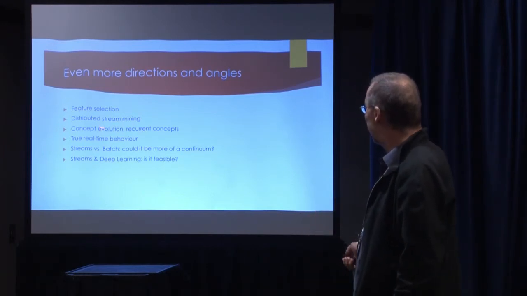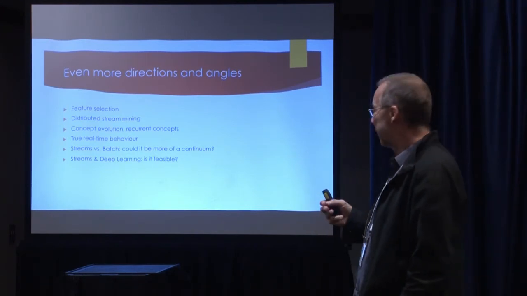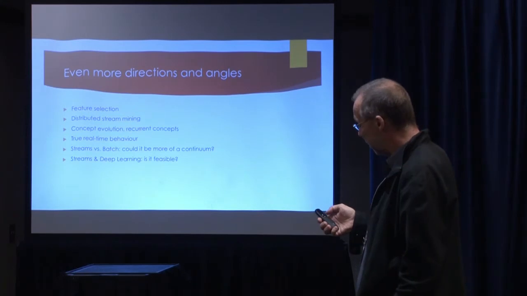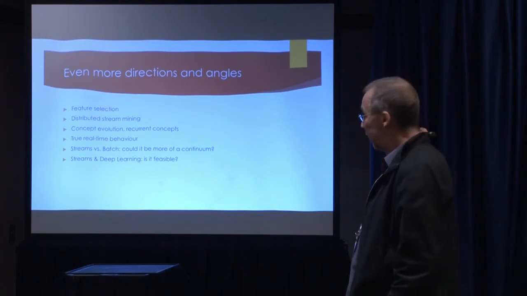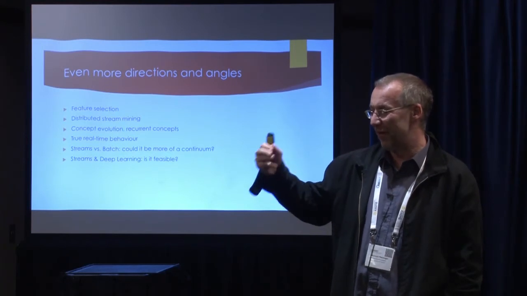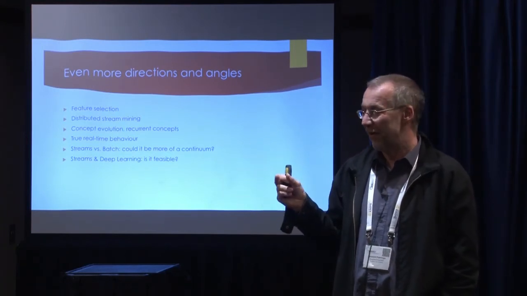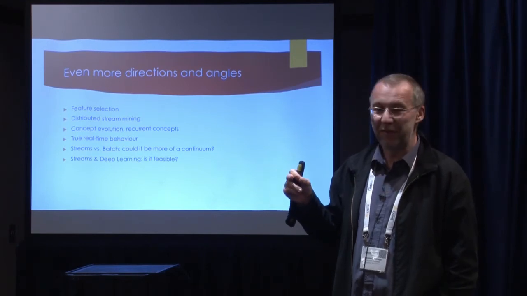Now, another interesting research topic is seasonality or recurring concepts. And there has been a little bit of work, but time series people have done a lot more work there. Then true real-time behavior. Most things that we do here are kind of artificial. So we have one example after the other being generated, but we don't have explicitly specified time gaps between examples.